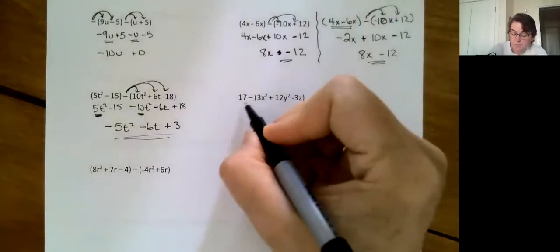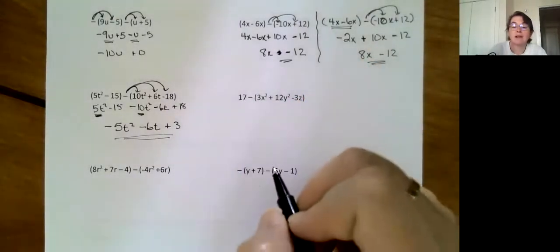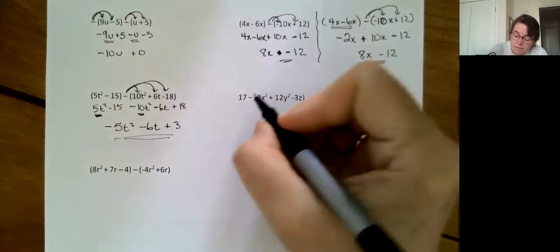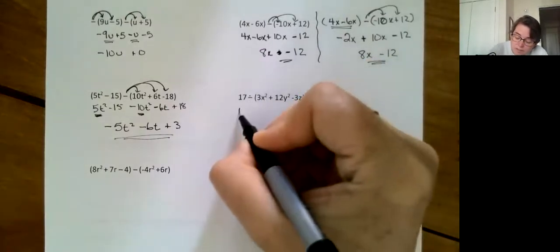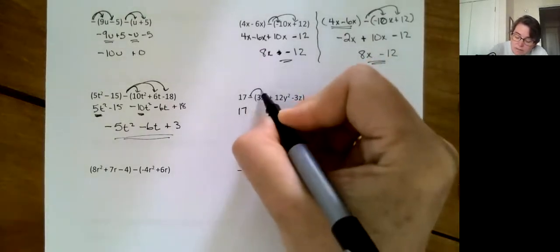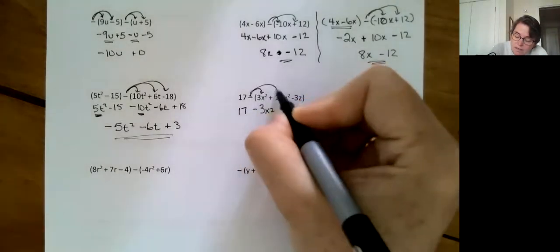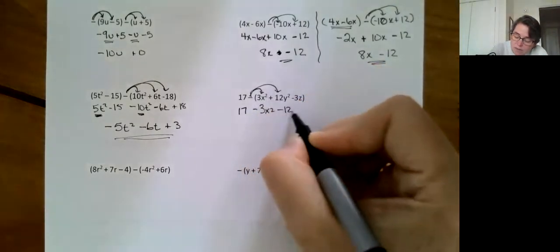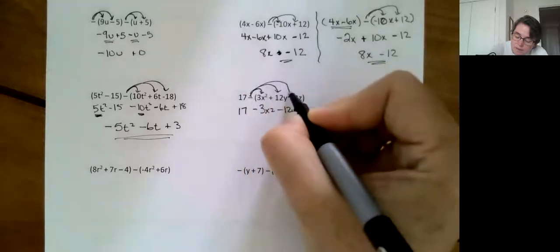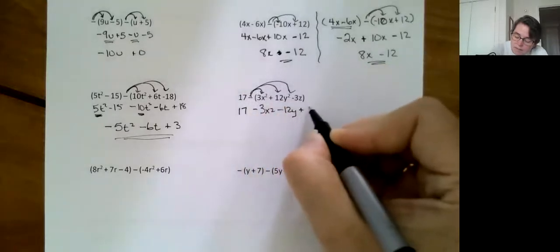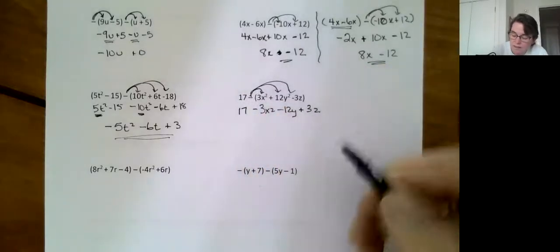All right, let's look at the next one. So I just want to show it doesn't always have to be a set of brackets up front. It can just be a negative, or it could just be a number. So 17 comes down. We distribute minus 3x squared minus 12y plus 3z.